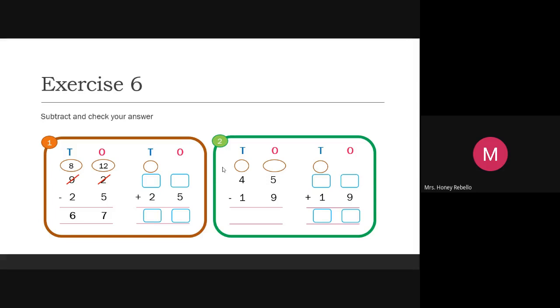Till you get practice, you have to do it. After 5, 6. When you count 6, you have to open the first finger. 6, 7, 8, 9, 10, 11, 12. You are getting 7. 8 minus 2, you are getting 67. Now, you have to write 67 on top. Here, 67. Please write in your textbook. It's done in your textbook.